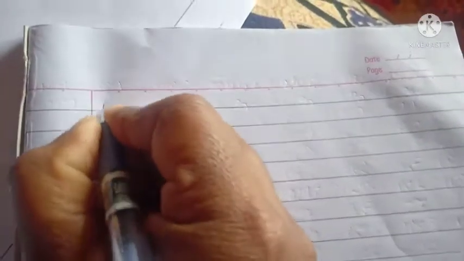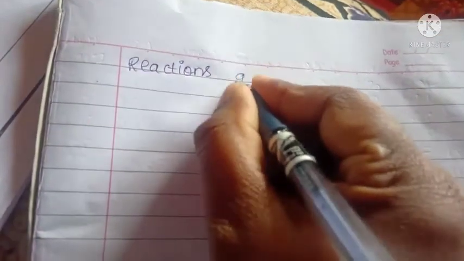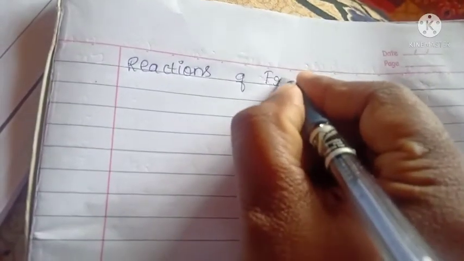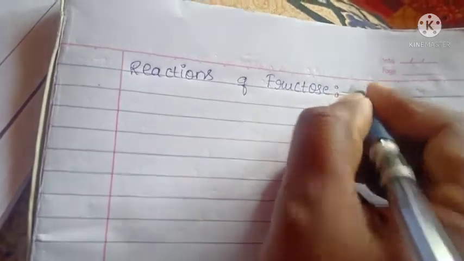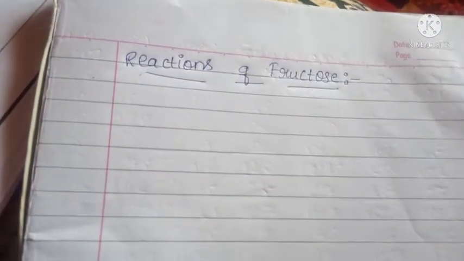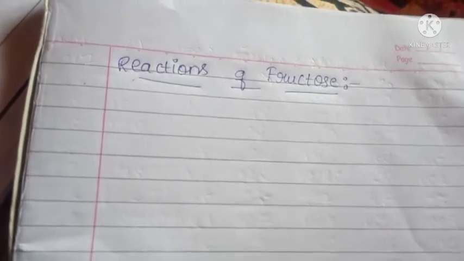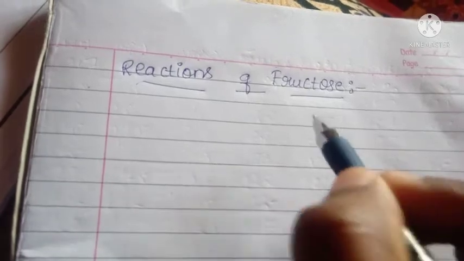Last class we learnt about the structural elucidation, and in this class we continue with the reactions of fructose. The reactions should be the same as in glucose and also fructose.